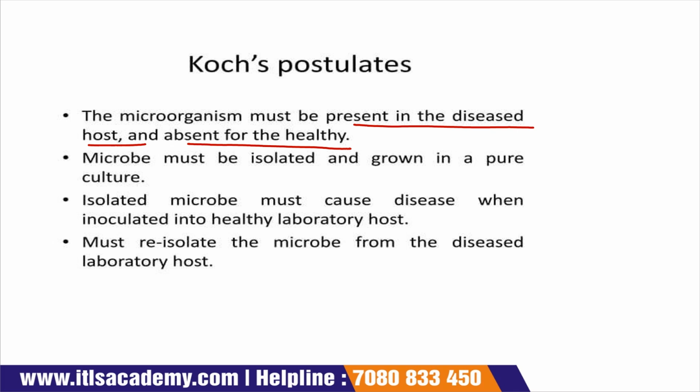This is the first postulate of Koch, and the next postulate is that the microbe must be isolated and grown in a pure culture. That is what we do in our microbiological laboratory: we prepare nutrient agar media, and in nutrient agar media we grow a pure culture.